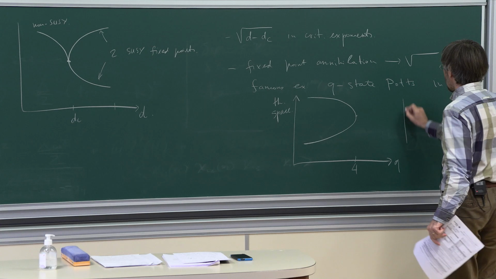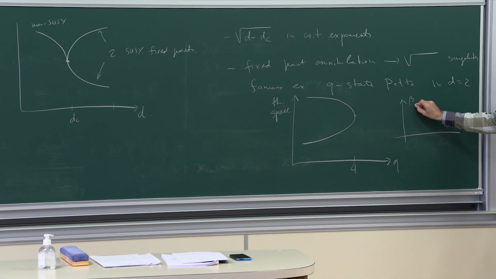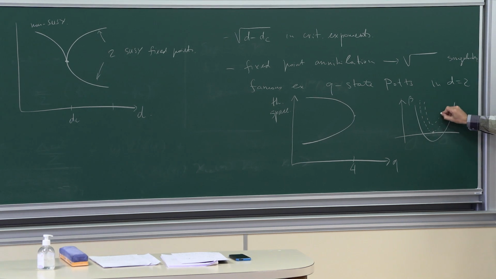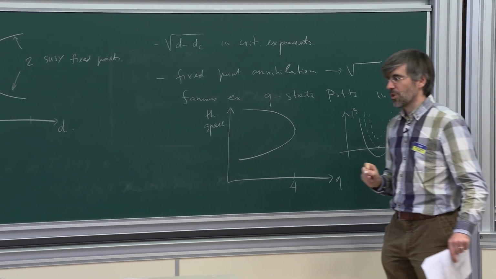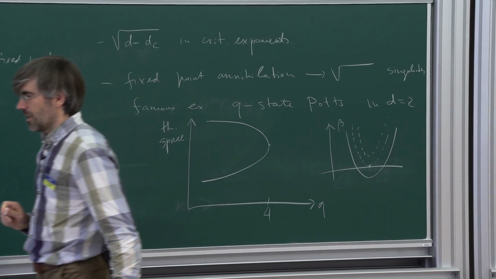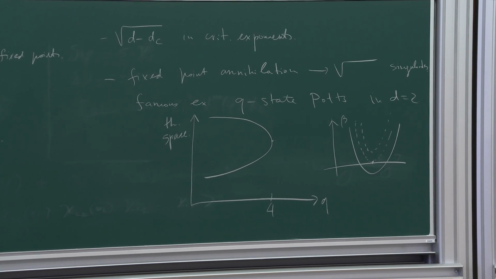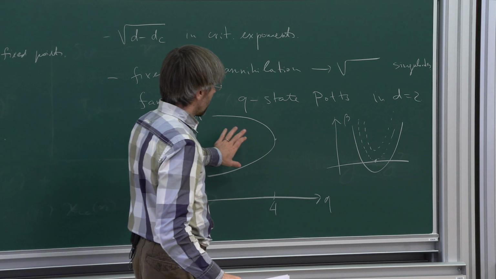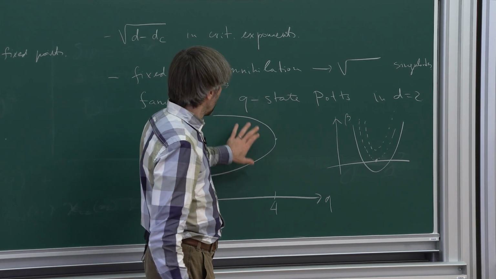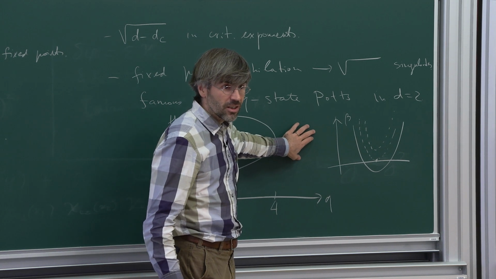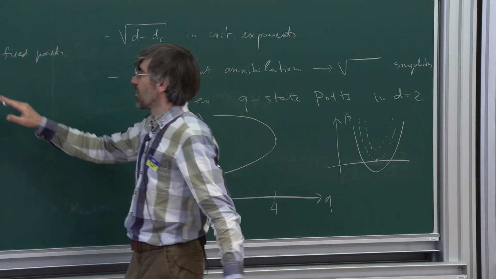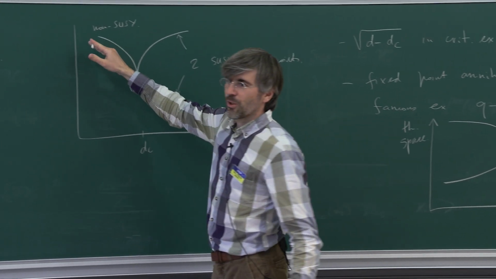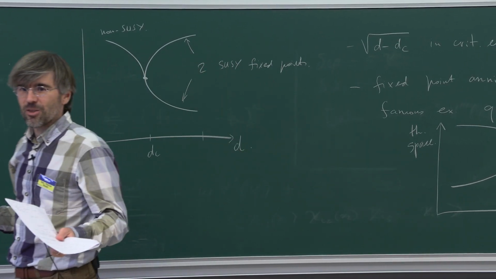What happens is that your beta function has 2 zeros, and then as you vary the parameter, for example Q, these 2 zeros coalesce, and then later on the beta function just goes further up, and the fixed points completely disappear. So what I want to say is that in the examples that I'm familiar with, that are classic examples of renormalization group theory, when the fixed points annihilate, nothing is left. And I'm not aware of any example where 2 fixed points annihilate and then a third fixed point just splits off at precisely this moment.